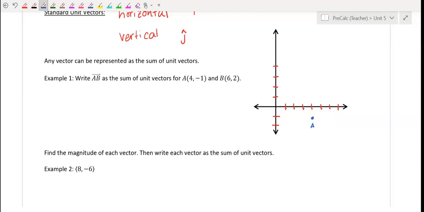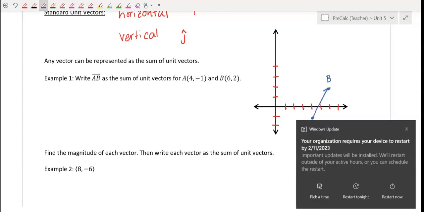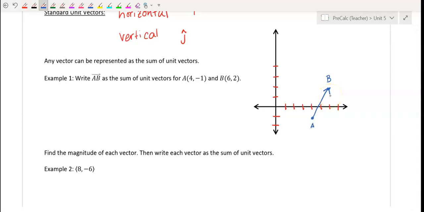Here's A. And then I've got B at (6, 2), so that's going to be right here, and here's B. My vector connects the two of those from A to B. Because I've got this AB right here, and if you notice up top I've got that little line with the little spot sticking out to the side, that shows me that I'm going from A to B. I could also have it going from B to A, with the line going the other way. That would tell me it was going from B down to A. Just a little side note.